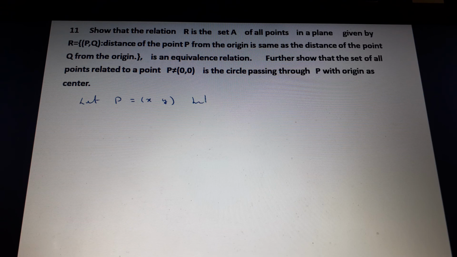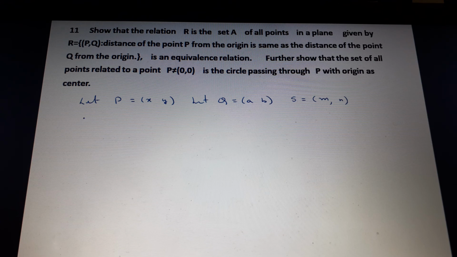And let Q be equal to say (a, b). And we will take one more point, S, let us say (m, n). Now I have to show that all the points related to this, Q and S, when you take all of them, form a circle, and that circle has the origin as the center.